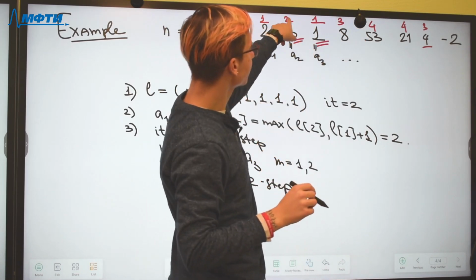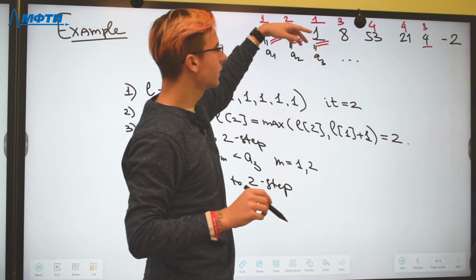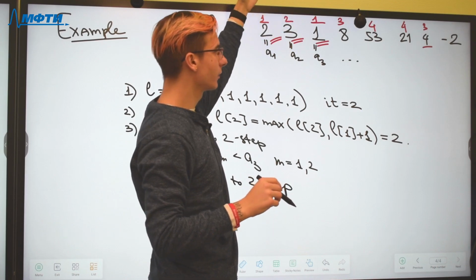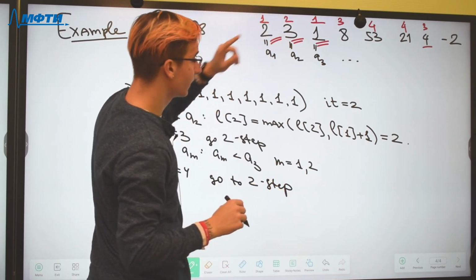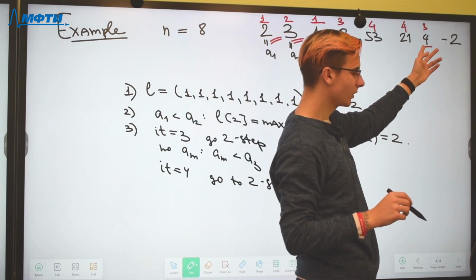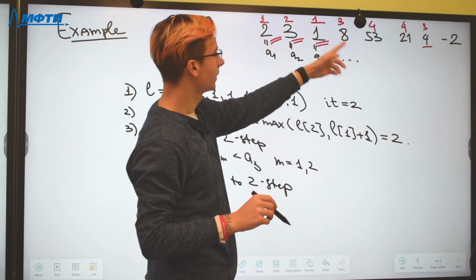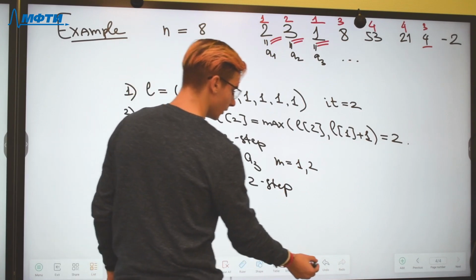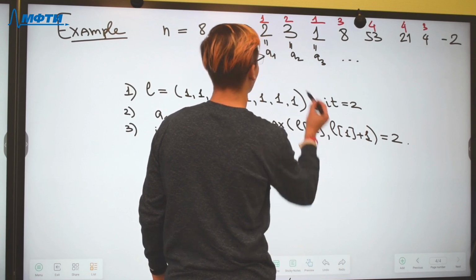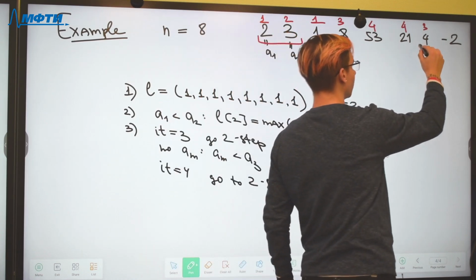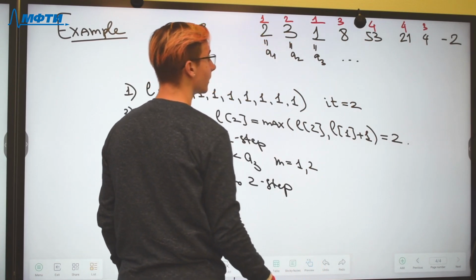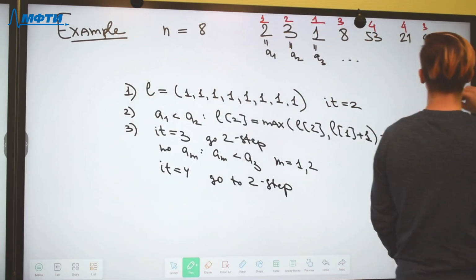We compare these 3 numbers and find the maximum, it's 2, and the length of the increasing subsequence that ends with this number will be 2 plus 1. For this number, it's equal to 1.